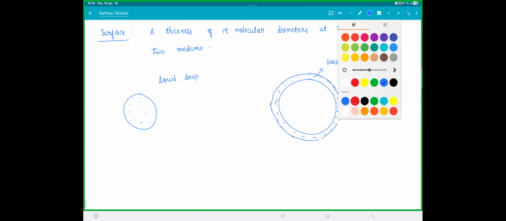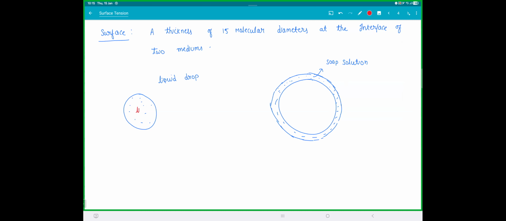In a liquid drop, you have a liquid inside and air outside. So basically this is one surface. Like I said, the interface between two mediums is called a surface. So a liquid drop has one surface.